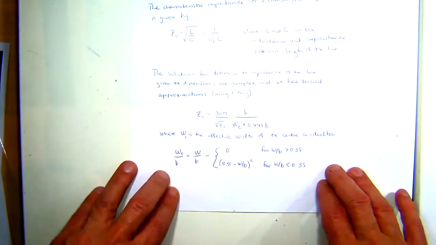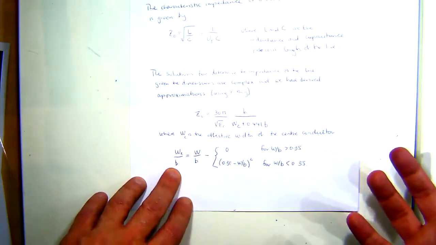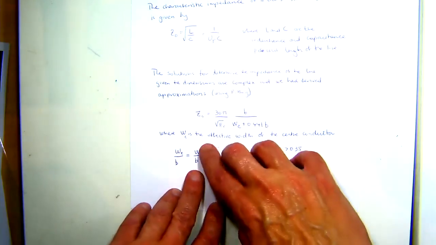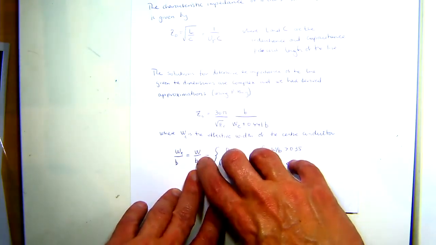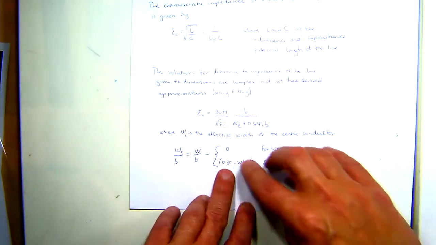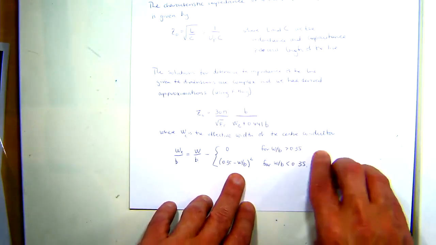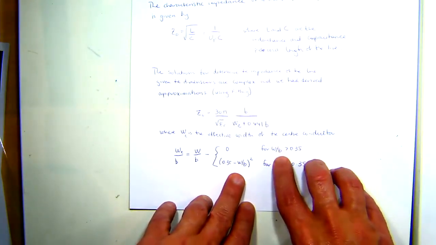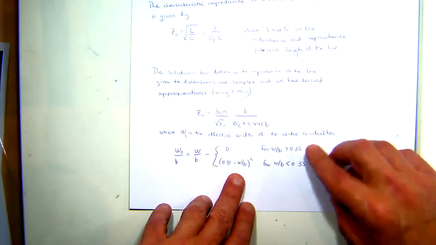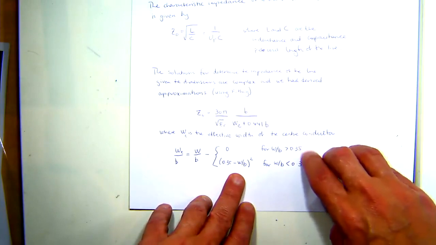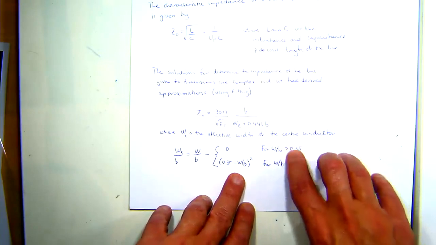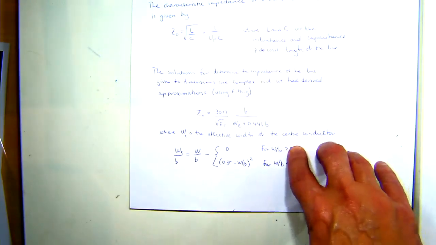Essentially, this effective width is the real width divided by b, which is the distance between the 2 ground planes, and depending on the ratio of the width to the thickness, we have to choose the appropriate formulae. Can someone check that I haven't got these inequalities the wrong way around?